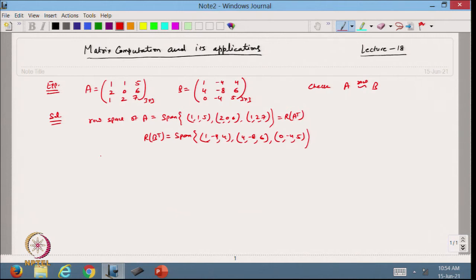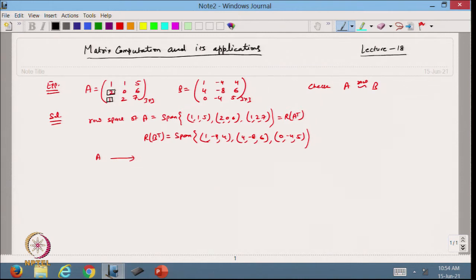Now, I will take A and try to convert this into the row equivalent form. In this case I want to make this element and this element 0.